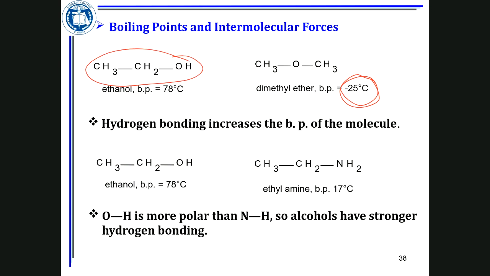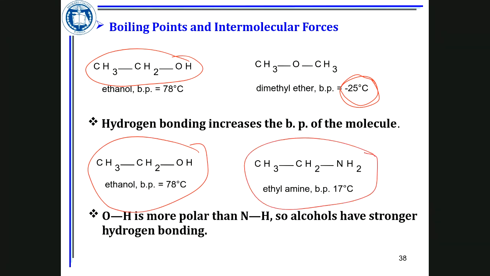You have hydrogen bonding for alcohol versus hydrogen bonding for amine. Because the hydrogen bonding coming from NH is weaker than the OH, it affects the boiling point significantly. So there is hydrogen bonding in this molecule, but when it's compared to the molecule that has bonding coming from OH, it is going to have a lower boiling point.